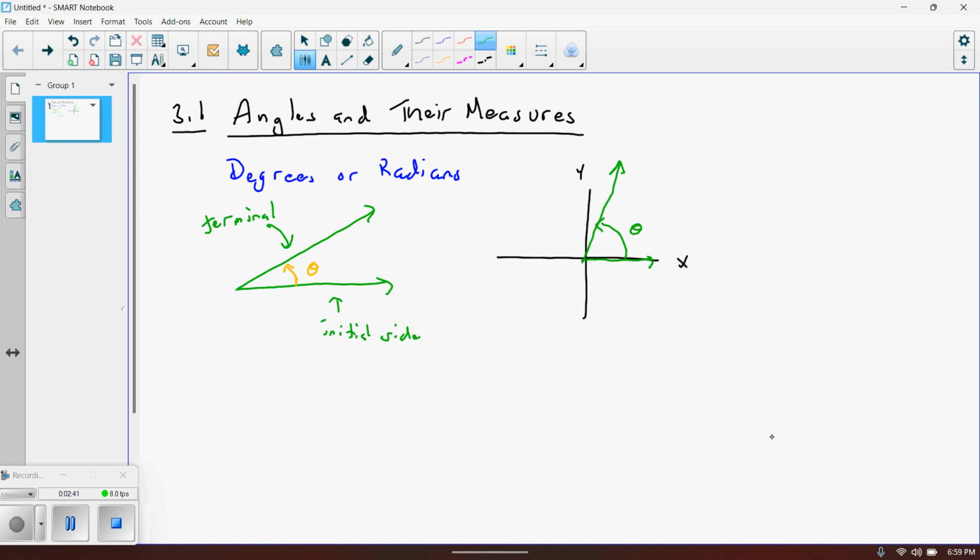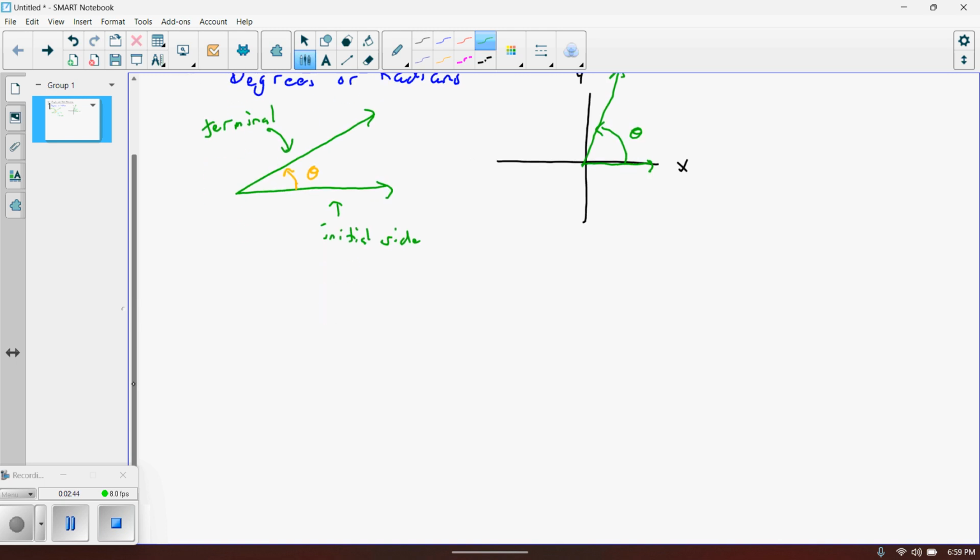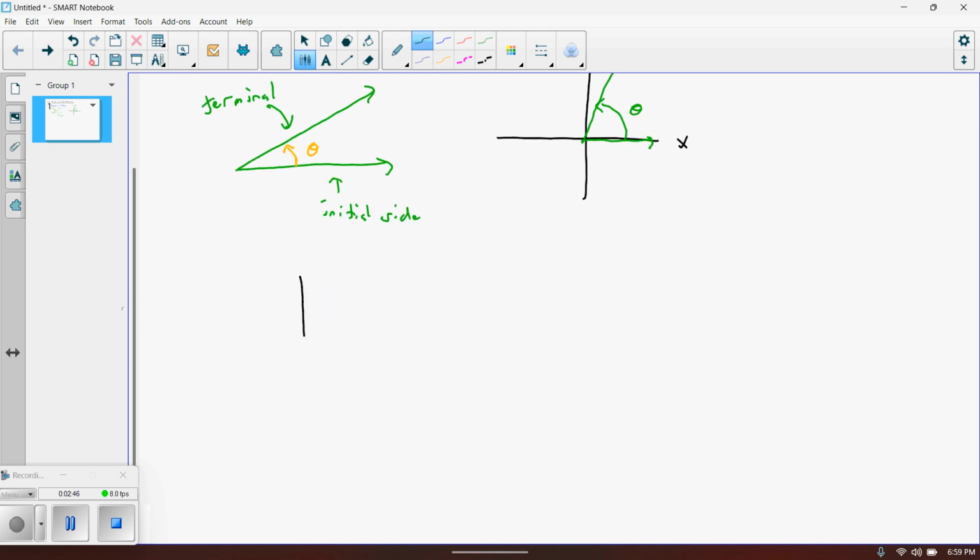So if we wanted to sketch an angle or two, we can do that real quick. If I wanted to sketch an angle of 45 degrees, once again, you would start on the positive x-axis, and hopefully we remember some things about how the whole degree thing works. 45 degrees is basically going to be halfway between the x-axis and the y-axis in the first quadrant over here, and that would be a sketch like this of a 45-degree angle.